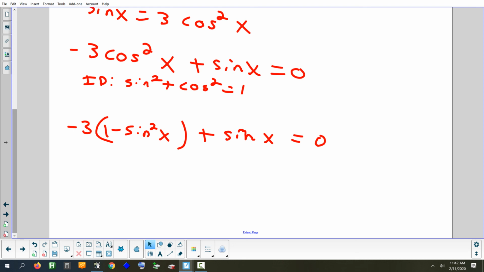Okay, let's do our constant. What's negative 3 times 1? Anything to combine it with? Nope, so let's just put that there. Negative 3 times negative sine squared. That's why we put it on the left, so now it's positive. Plus sine x.